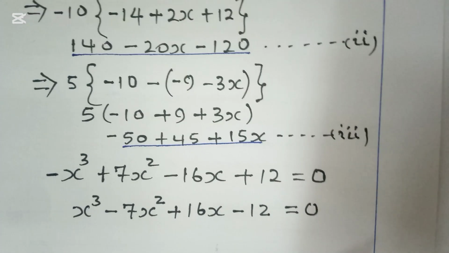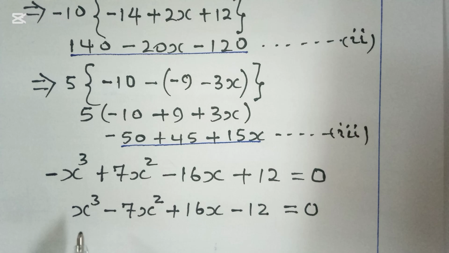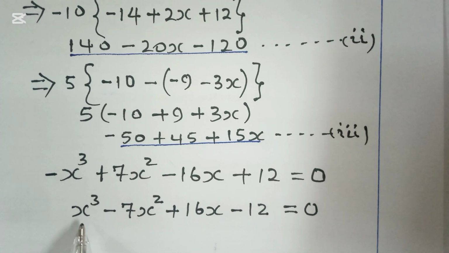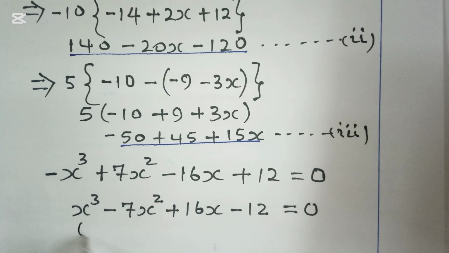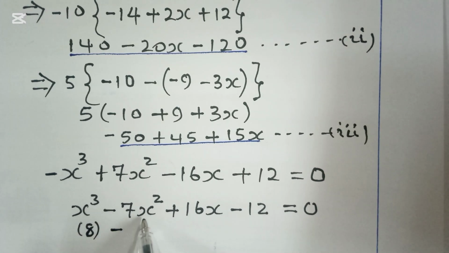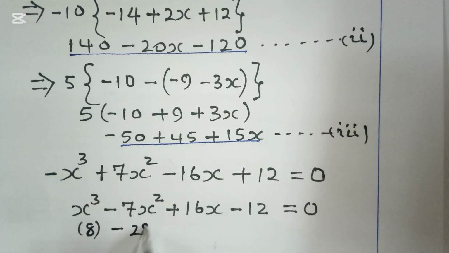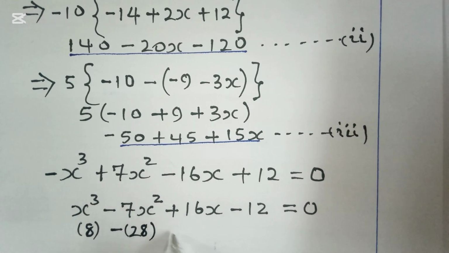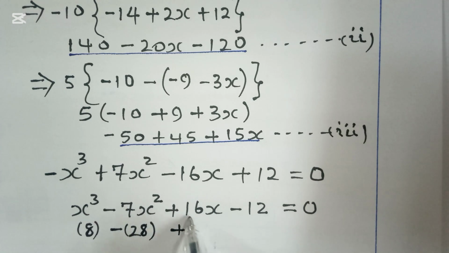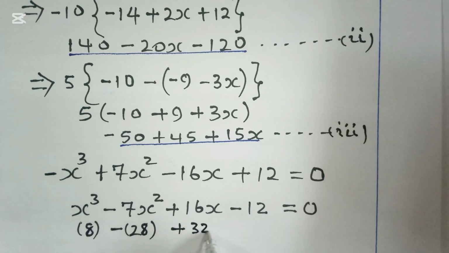Guys, by trial and error method, if we try 1, you find that it will not come to 0. But guys, if we try 2 here we are going to get 8. We are doing trial and error method. This is going to be minus, that is 2 times 2, 4 times 7 is 28. Plus here we have 16 times 2 is 32.